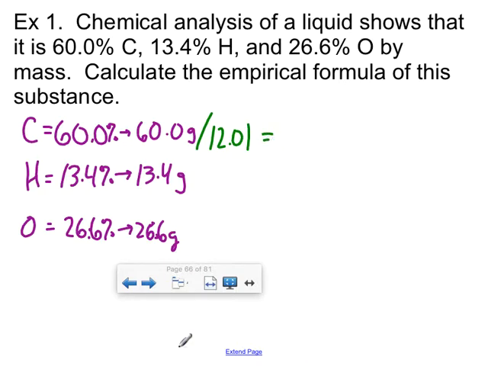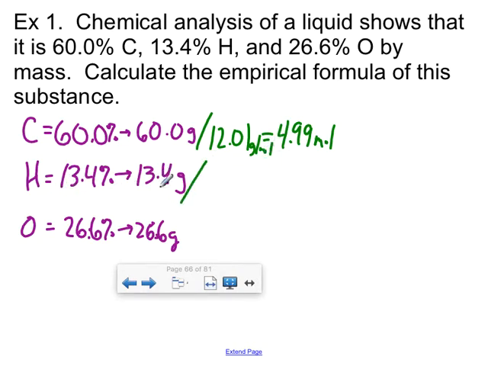So when I take 60.0 divided by 12.01, I get 4.99 moles. Okay. This is supposed to be grams per mole, because the grams will cancel out.